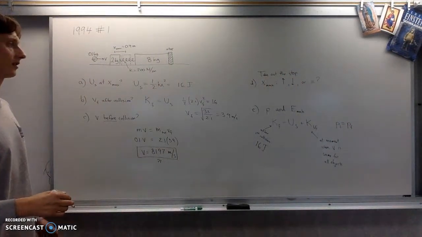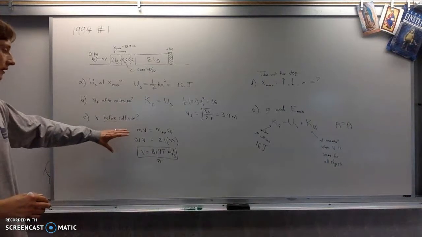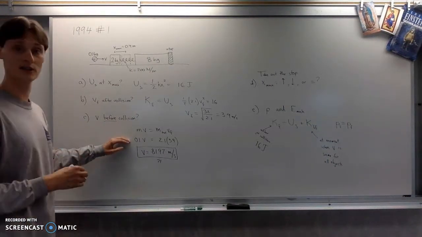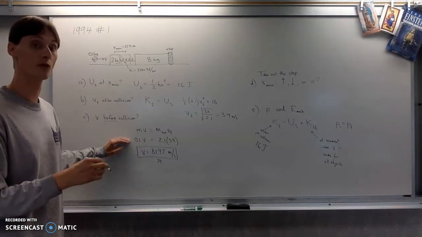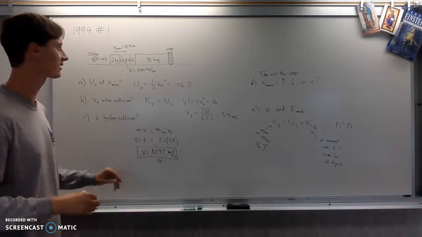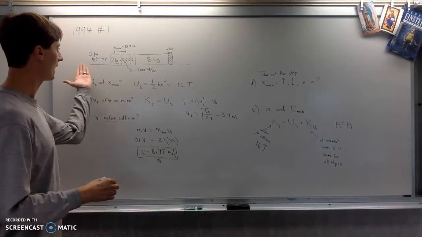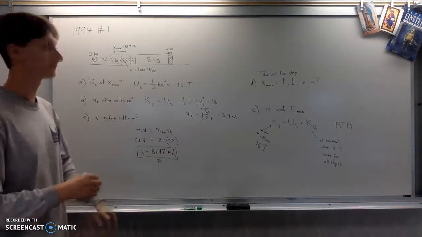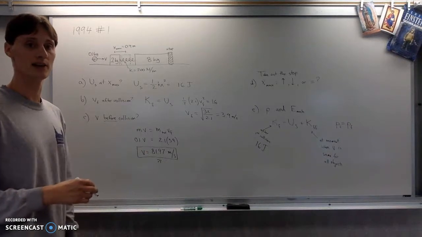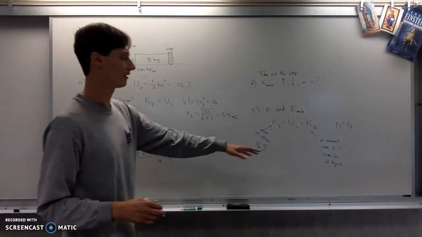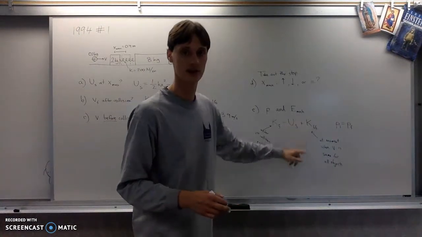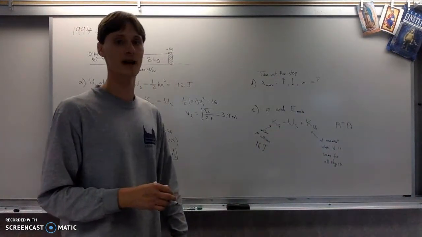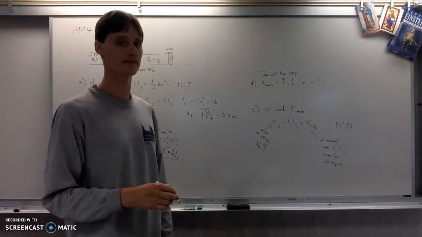So you could more or less do mv for the ball of clay before any of these collisions take place equals m total, which is now going to be 10.1, times v final. And then from that, you could figure out the final velocity, and then figure out from that what the maximum compression of the spring would be.